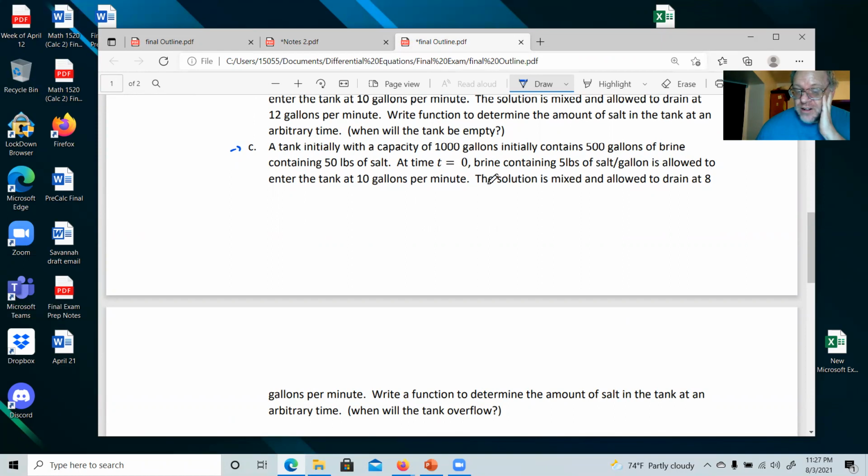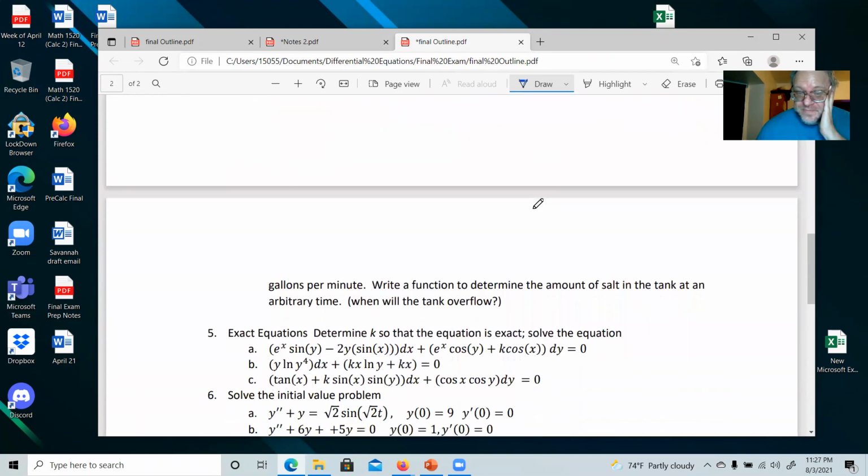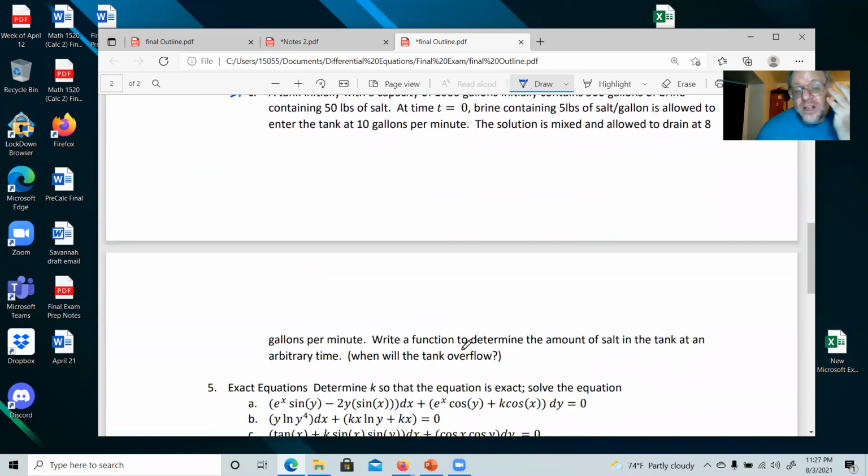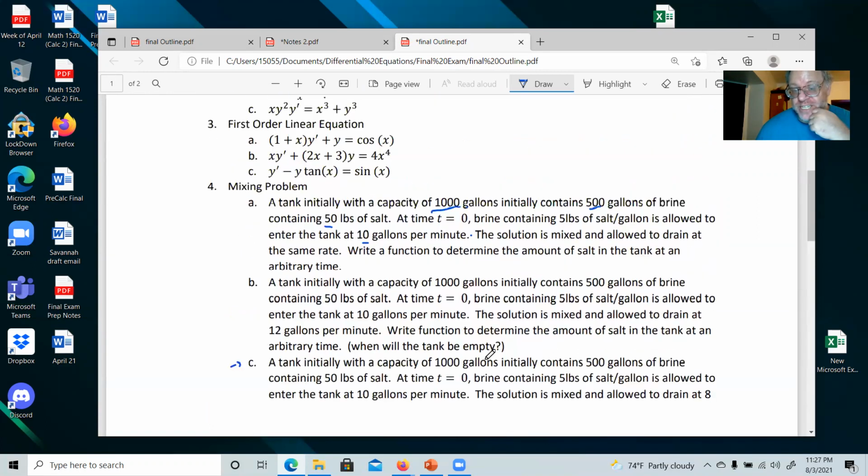This is every toddler's favorite experiment: stop up the sink, it still drains a little bit, but eventually there's going to be a mess. Find the rate function for Q. When will the tank overflow?